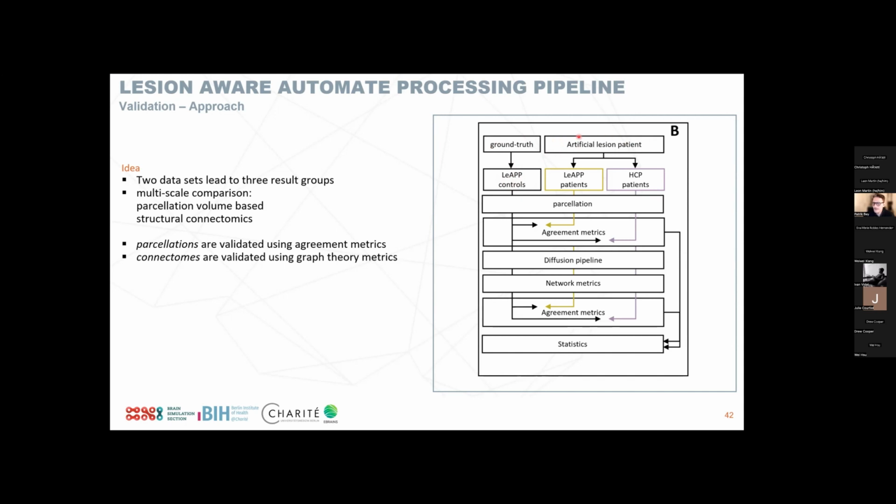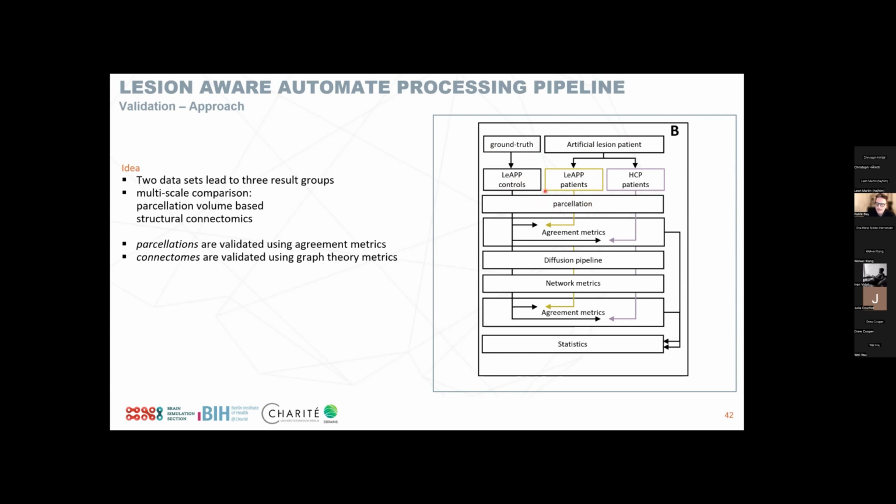And then the artificial lesion patients, we processed once with our LEAP pipeline, including the lesion mitigation measures, and then without the lesion mitigation measures, which basically means we don't use the adjusted forms of these HCP scripts anymore. We use the basic HCP structural minimal processing pipeline that already existed before, that is not lesion aware, quote unquote.